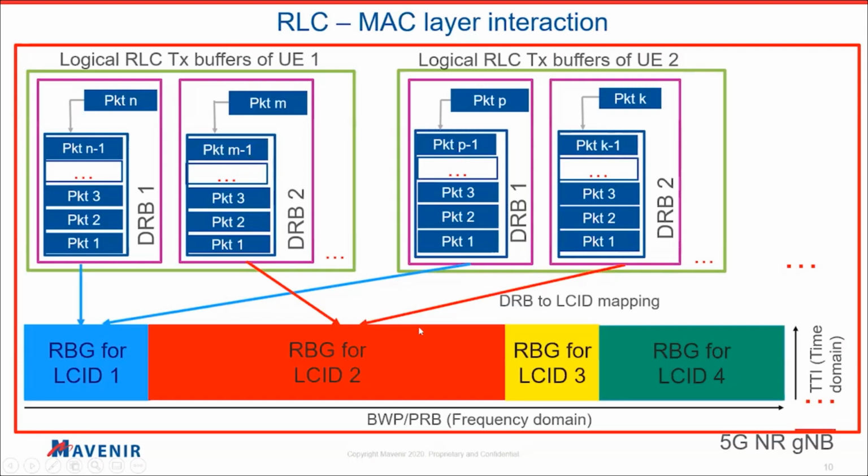And you see that the data from these DRBs, like data from DRB1 for user 1 as well as user 2, gets scheduled onto the resource block group for LCID1. Okay, so this LCID1 corresponds to the data radio bearers. So the PDUs in these data radio bearers get scheduled onto the resource blocks for logical channel 1.